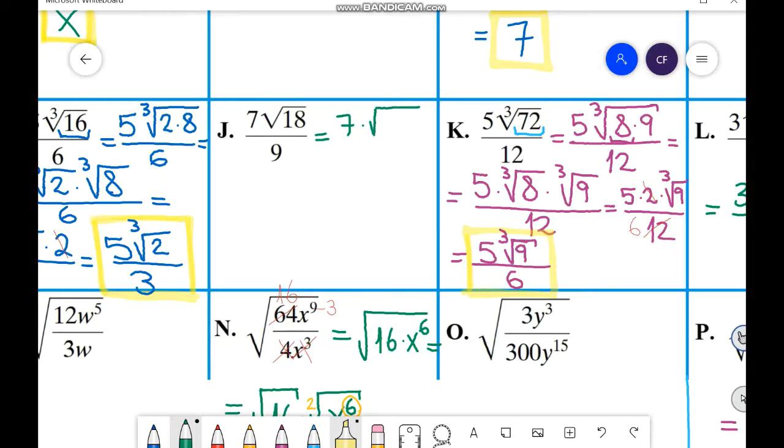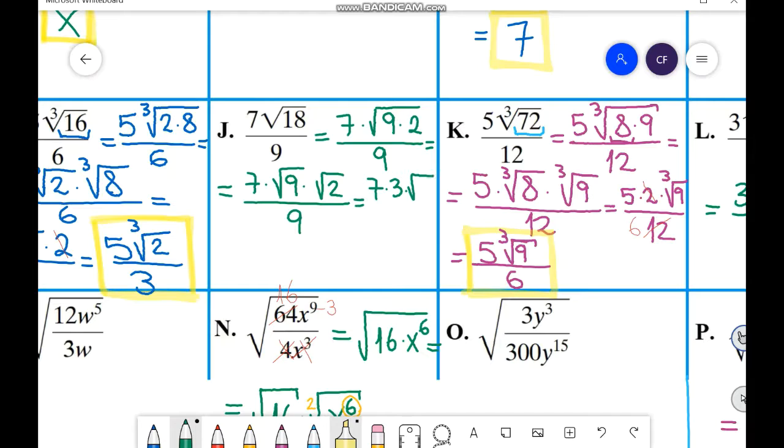And I'm thinking square root of 9 times 2. 9 times 2 is 18, right? Over 9. Because we can break it down: 7 times the square root of 9 times the square root of 2 over 9. Because the square root of 9 is 3. 7 times 3, square root of 2 over 9.